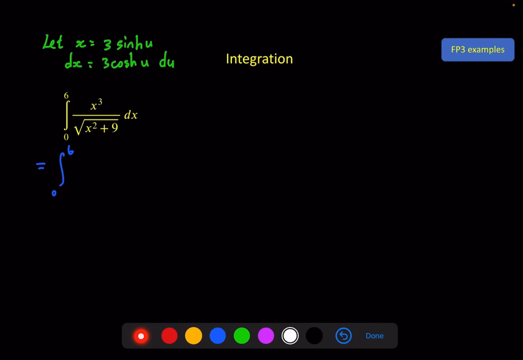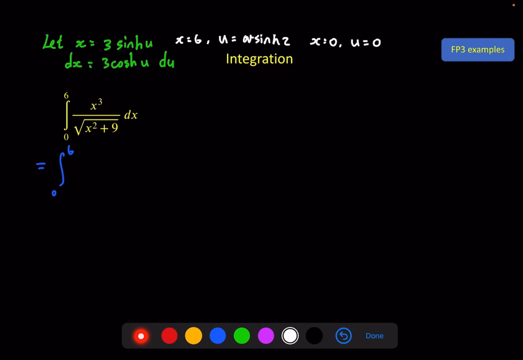So if x is equal to 6, 6 over 3 is 2, then u is equal to r sinh of 2, which is not a very nice limit to have, but we'll go with it and see what happens. And if x is equal to 0, 0 over 3, r sinh of 0 is 0.